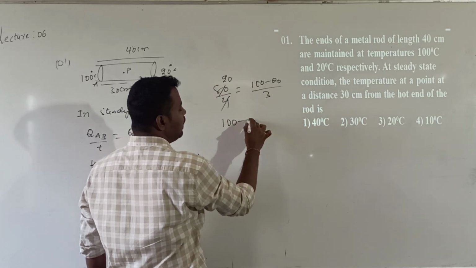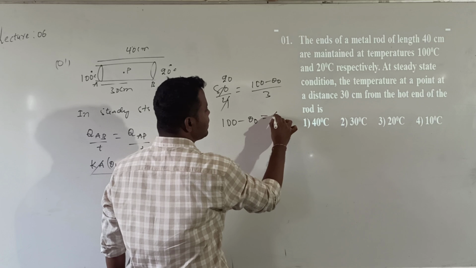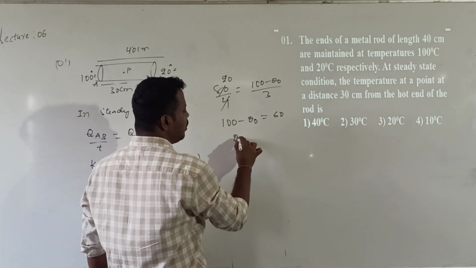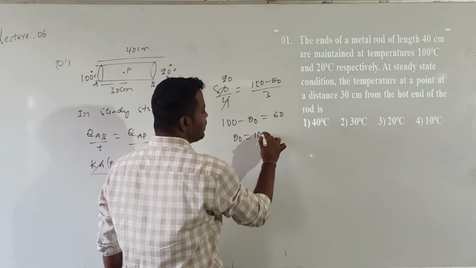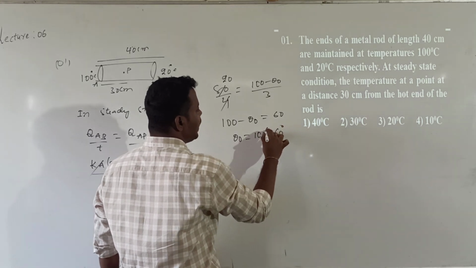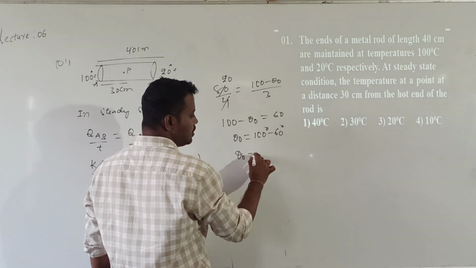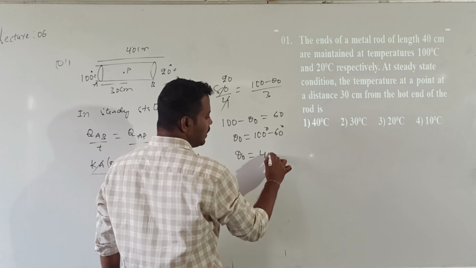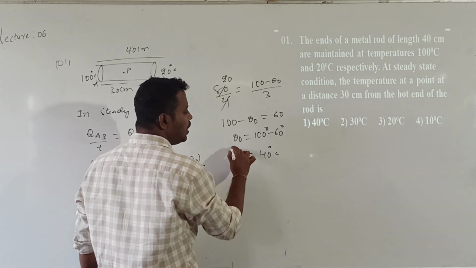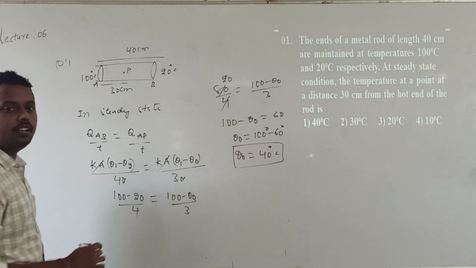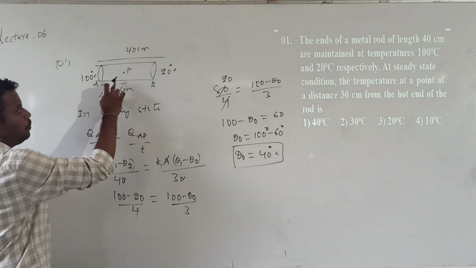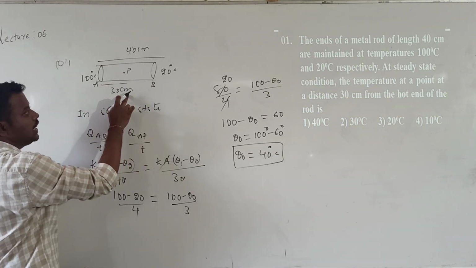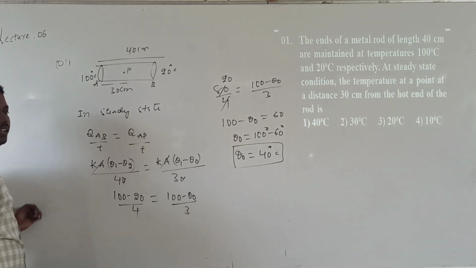Cross multiply: 100 minus theta is 60... so theta value is 100 minus 16, which gives 40 degrees Celsius. Understood? What is theta? The temperature at a point which is at a distance of 30 centimeters from the hot end.